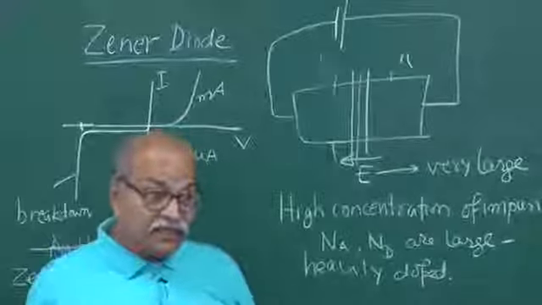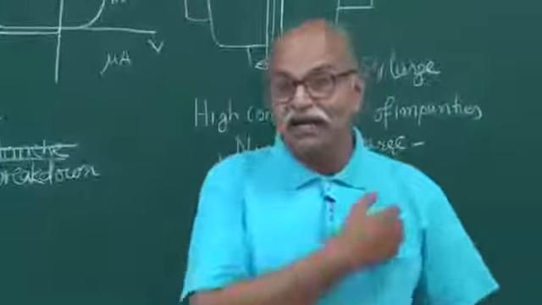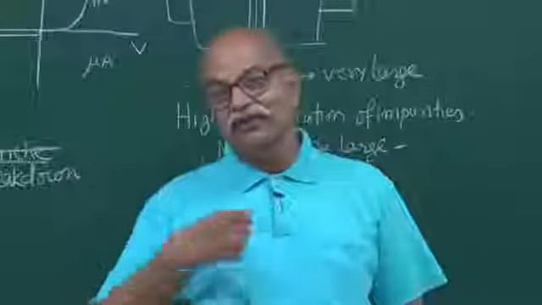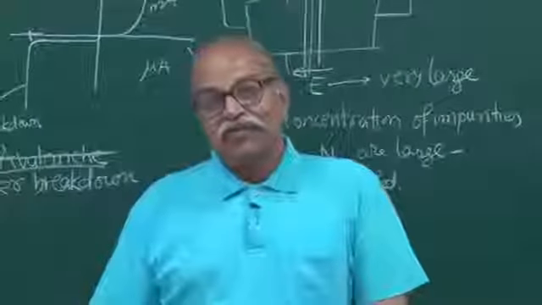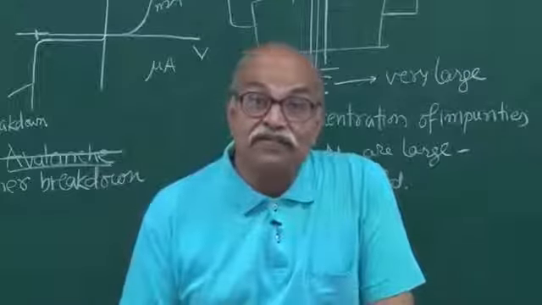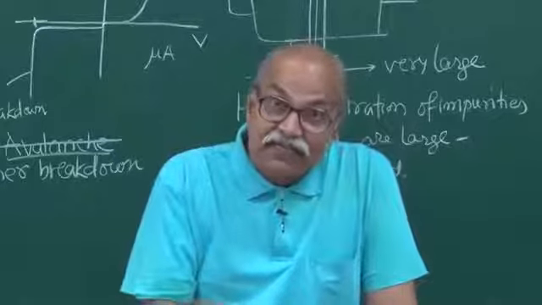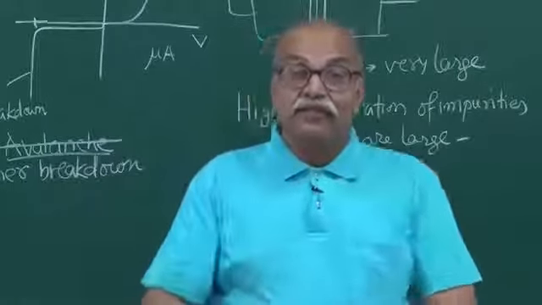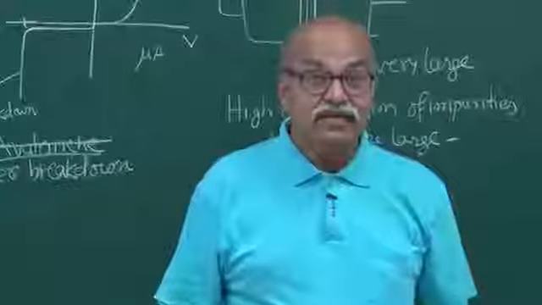Now high electric fields themselves can break the bonds. It's not that this high electric field will accelerate the electrons or holes and they will collide and create these electron hole pairs. Not necessary. If the electric field is strong enough, then that electric field itself can take an electron from the valence band to the conduction band, that bond can be broken and a new electron hole pair can be created.